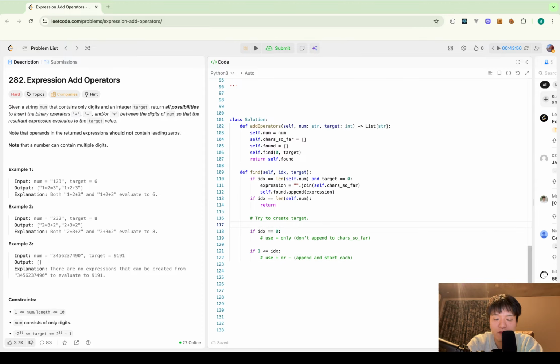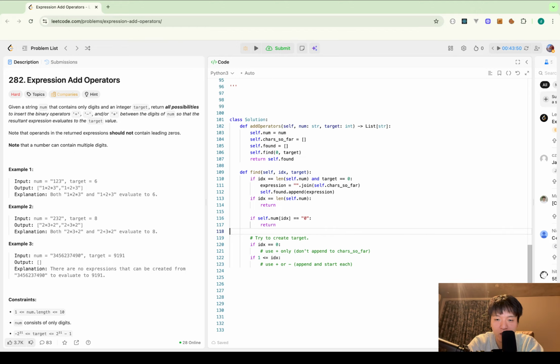But also I have another case I have to take care of. If the first one is 0, I cannot continue. So firstly, if this is 0, I return.